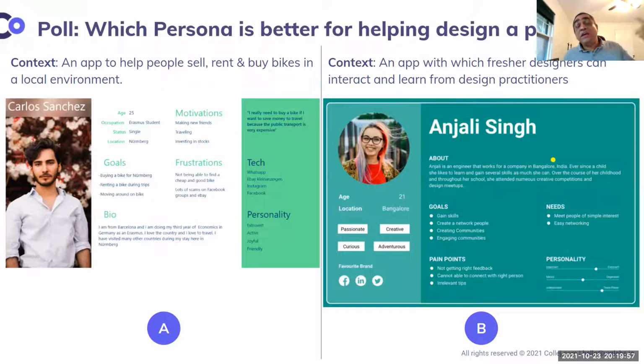When I was a student, it used to be like this. If somebody was a billionaire and a student at a university and you give them the same persona, it will mean something completely different. So that is one thing you need to avoid in a persona. It needs to be a standalone document, right?